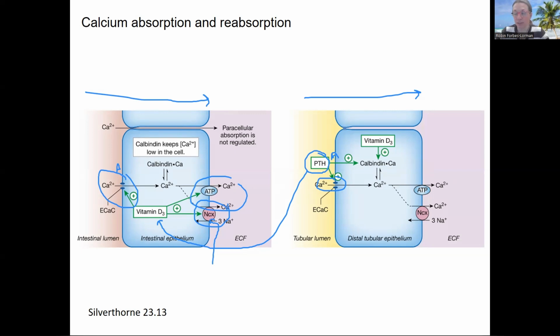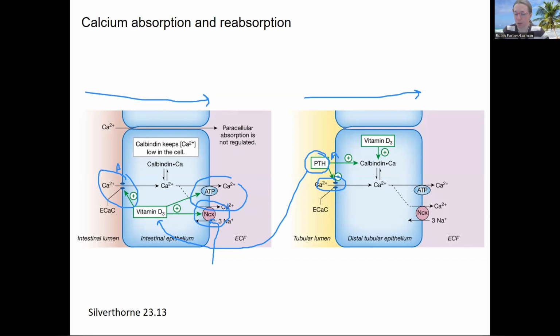So that's how calcium's getting absorbed or reabsorbed. Very similar to what we've seen in the cases of glucose, but we've got kind of opposite locations of the passive versus active transport. But still the idea of we need to have active transport at one membrane, and we can have passive at the other membrane because we can only use a concentration gradient once in the scenario.